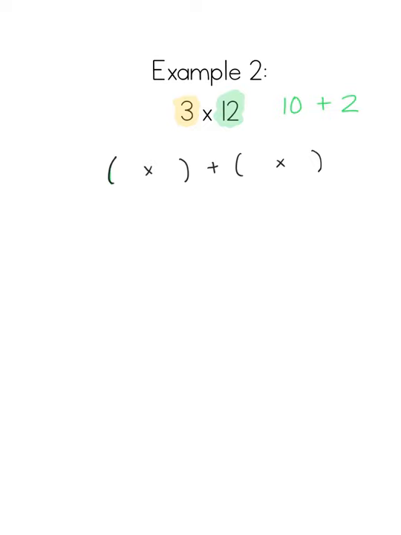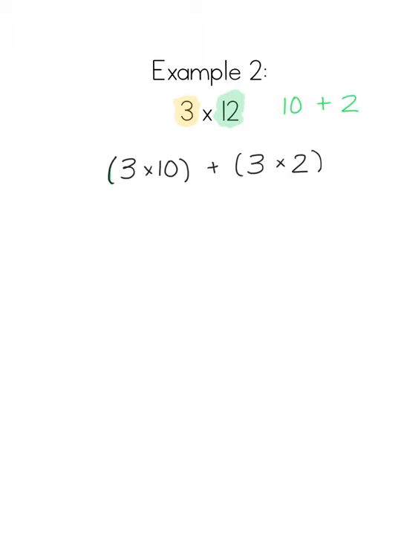So remember, we always want to keep the number we chose to leave alone and put it in both sides of the parentheses. So the 3 goes in both sides. We broke up the 12 into 2 different numbers, and one of those numbers goes in the first parentheses and the other goes in the second. So this is what your problem should have looked like.